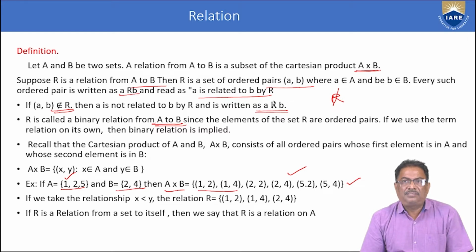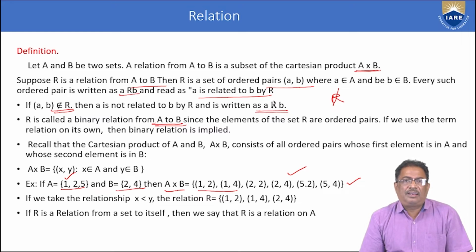Since the elements of the set R are ordered pairs, if we use the term relation, it is automatically a binary relation. If a relation is defined from a set to itself, then it is known as a unary relation.